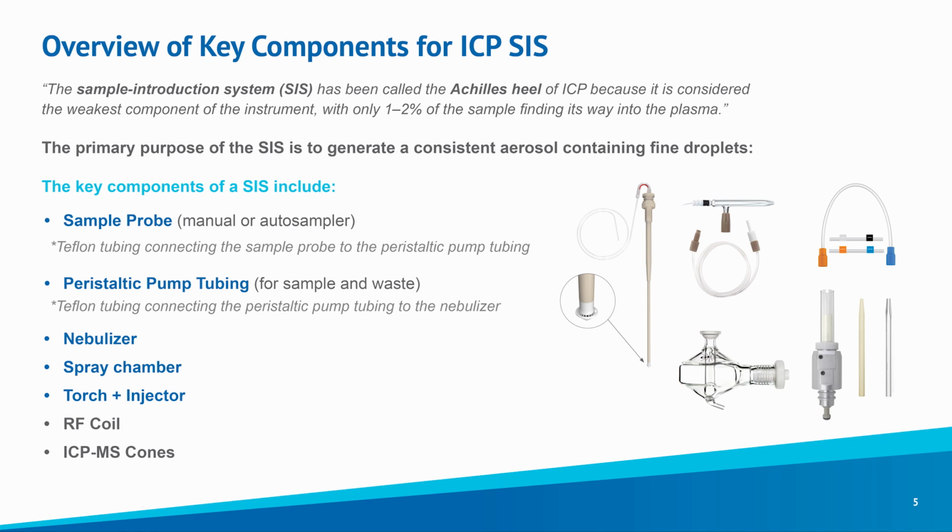The nebulizer converts the liquid into an aerosol, with the spray chamber filtering out larger droplets. The finest droplets pass into the torch, where the plasma atomizes and ionizes the sample. Finally, the RF coil sustains the plasma, and the ICP-MS cones guide ions into the mass spectrometer.